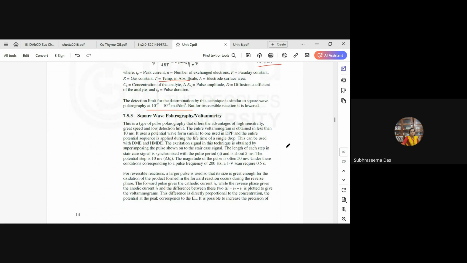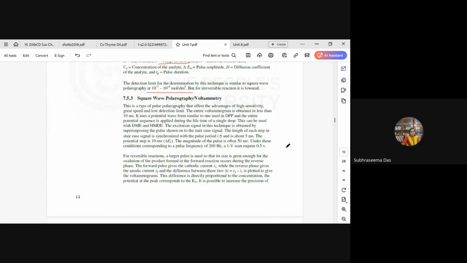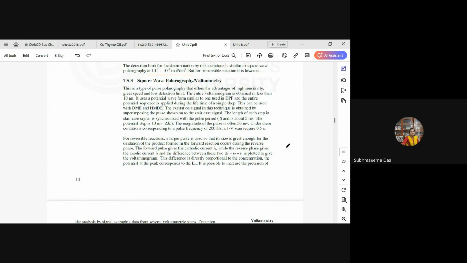Now coming to square wave polarography or voltammetry. This type of pulsed polarography offers the advantages of high sensitivity, great speed and low detection limit. The entire voltammogram is obtained in less than 10 milliseconds. It uses a potential waveform similar to that used in differential pulse polarography, and the entire potential sequence is applied during the lifetime of a single drop.